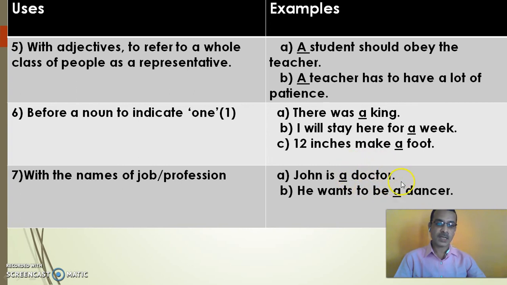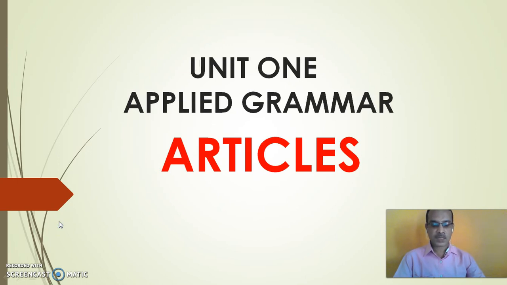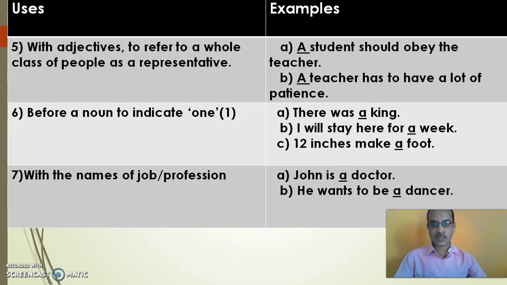Doctor is a name of a profession. In the next example, he wants to be a dancer. Dancer is a profession. Similarly, teacher, advocate, these are some more examples of professions. Here we can use article a. So in this unit we have seen that article a is used before a singular and countable noun.